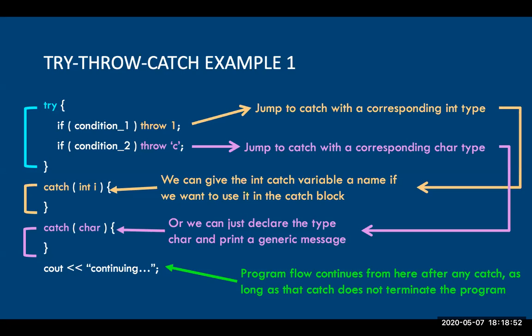So the screen we're looking at right now, you can say if a dot size is not equal to b dot size, throw, like whichever one's smaller, you throw that vector, or you could throw a message, or you could throw a character. But yeah, it's totally fine to have these conditionals in here.